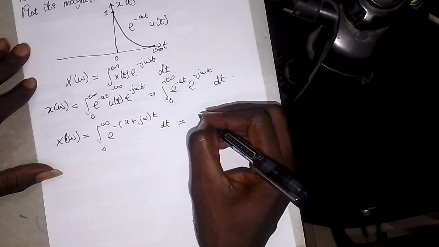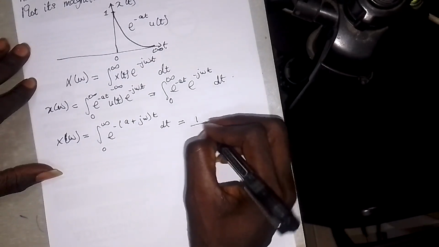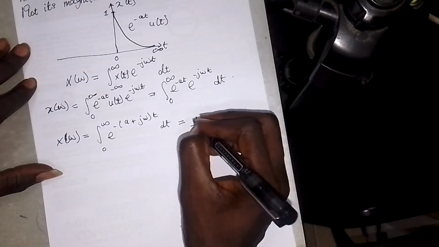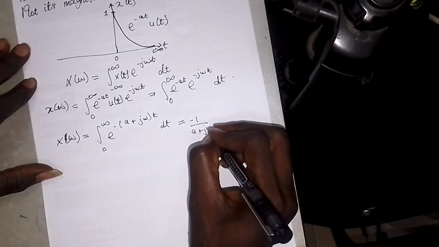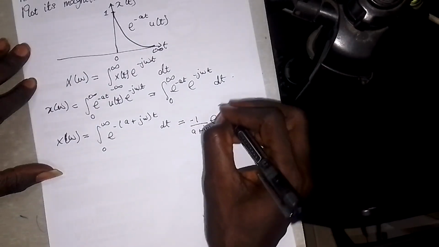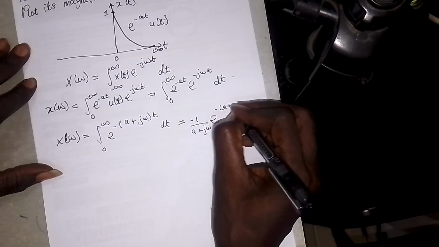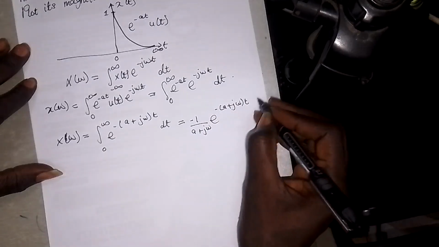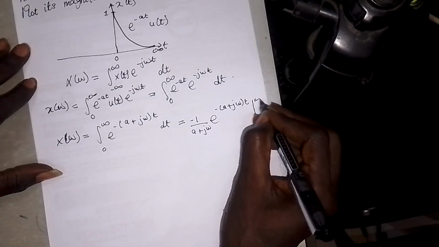If I integrate a function like this, I get minus 1 over (a plus j omega), into e to the power minus (a plus j omega) t. Here I introduce my limits, which are 0 and infinity.